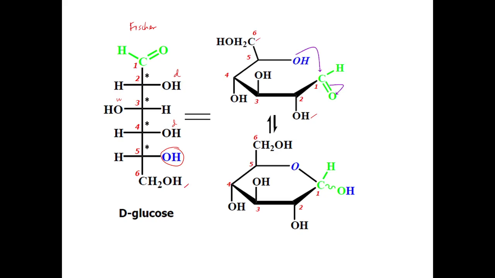So, the OH group in carbon position number 5, dun sa ating penultimate carbon, will attack the anomeric carbon. When this attacks the anomeric carbon, the oxygen will be bonded to C. What will now happen to your oxygen kasi will react with itself. The OH will react with the C. So, may ma-form kayong bond between the O and the C.